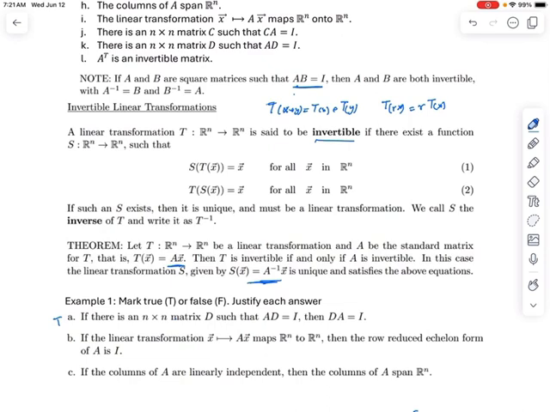If they are inverses of each other, this necessarily happens. Also, from the note below the IMT, when A times B is equal to I, then A and B are both invertible. So if A times D is equal to I, then A and D are both invertible matrices because they are square matrices.